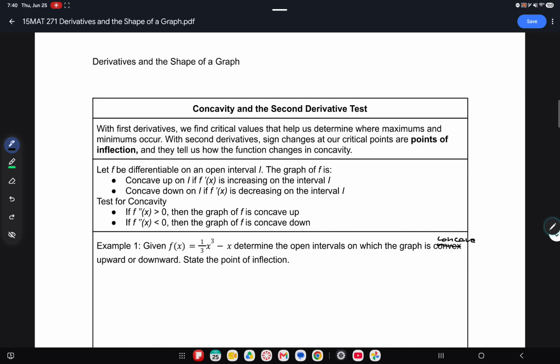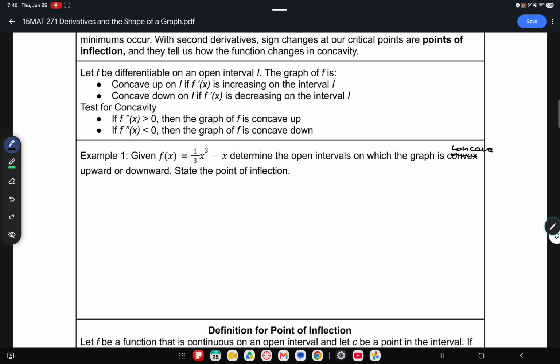Okay. So we have this function here. Determine where we're concave up and concave down, and if there are any inflection points. So I need a second derivative. I've got to find the first one, so it's going to give me x squared minus 1. And then the second derivative is just going to give me 2x. If I set that equal to 0, then x is 0, right?